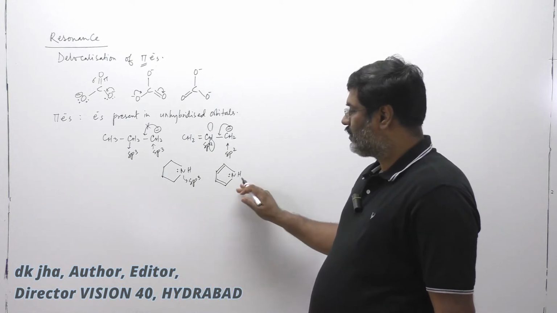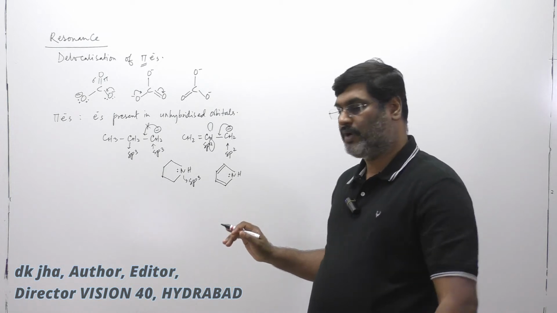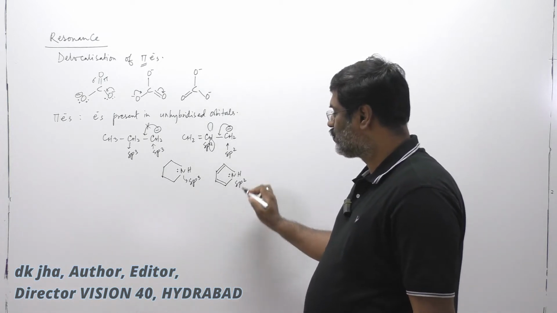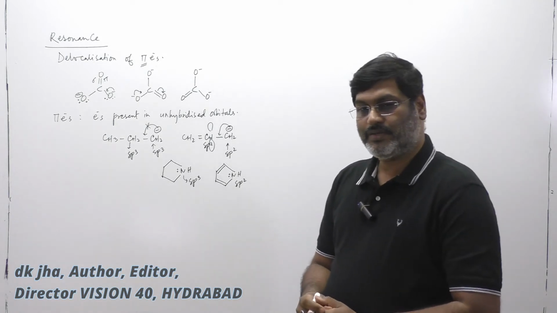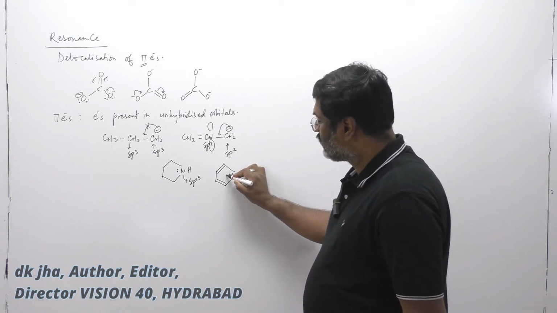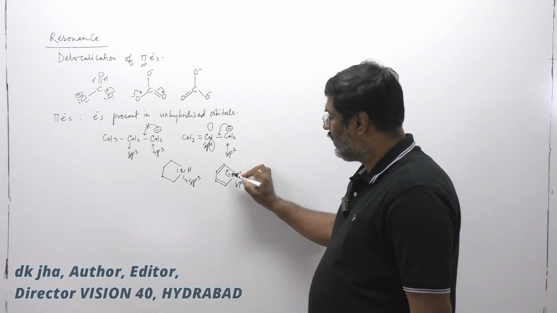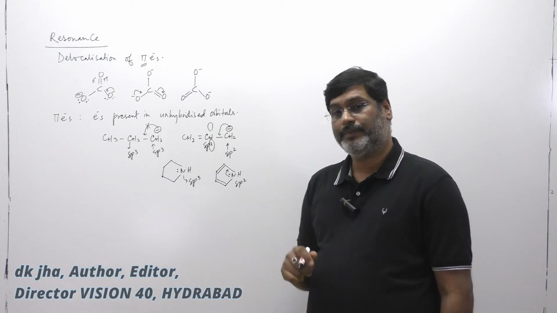So, understand this one. What's the hybridization of this one? Rachit, very good. Its hybridization is sp2. You know why? Because this can move. And why can it move and form here a double bond?